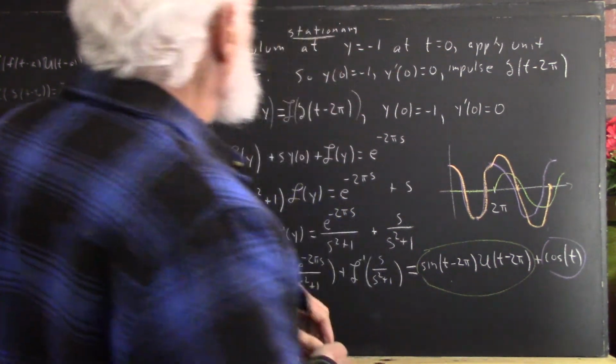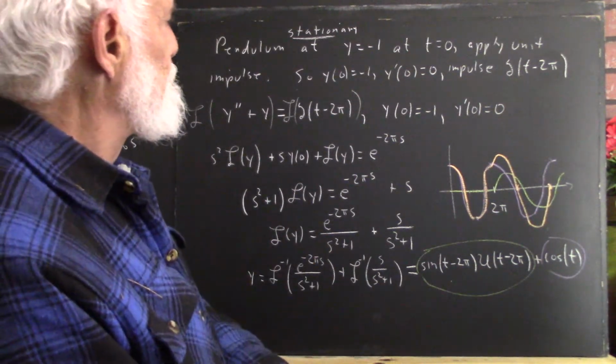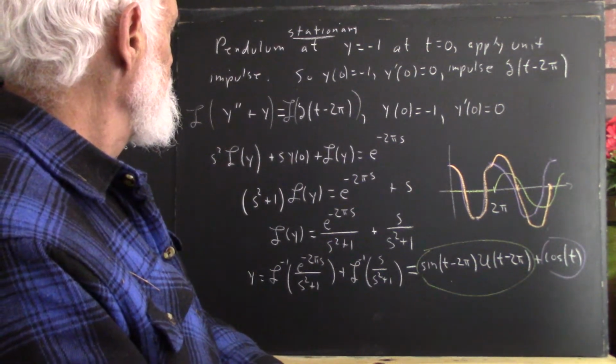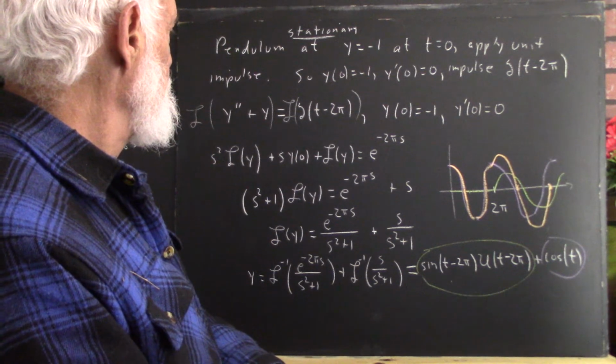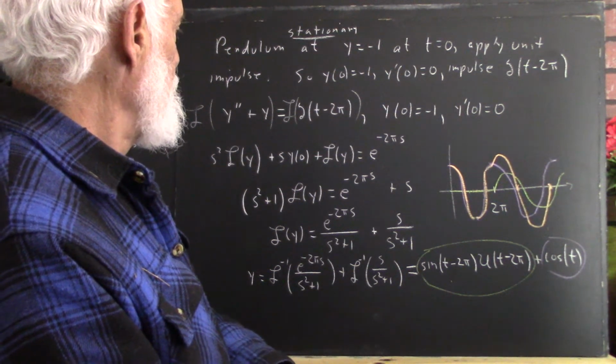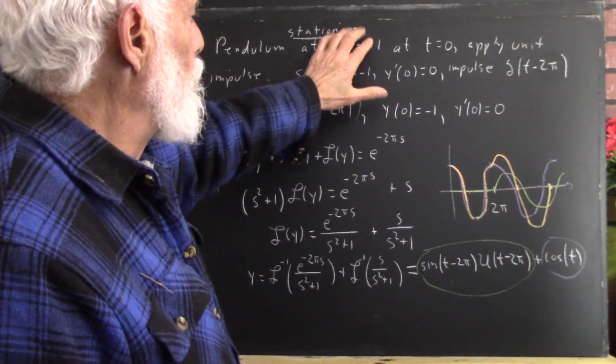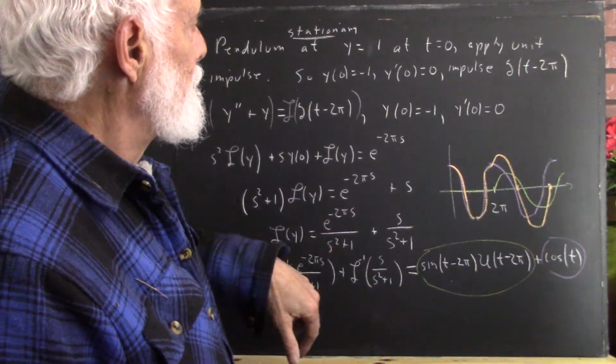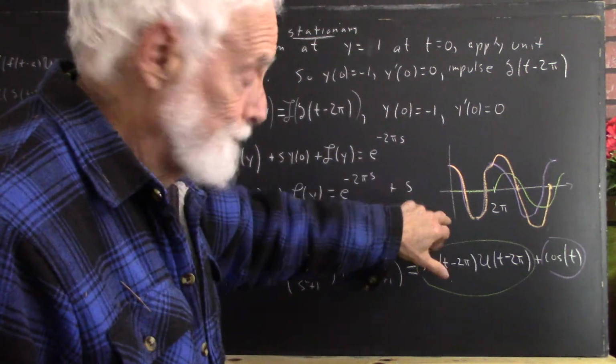So actually, what I've done is for y equals 1 at t equals 0 in this example.